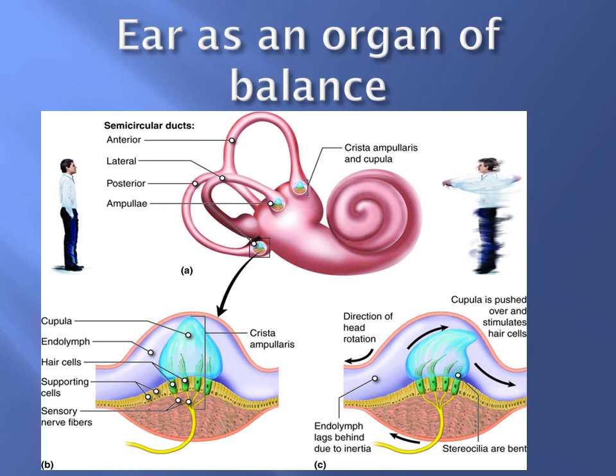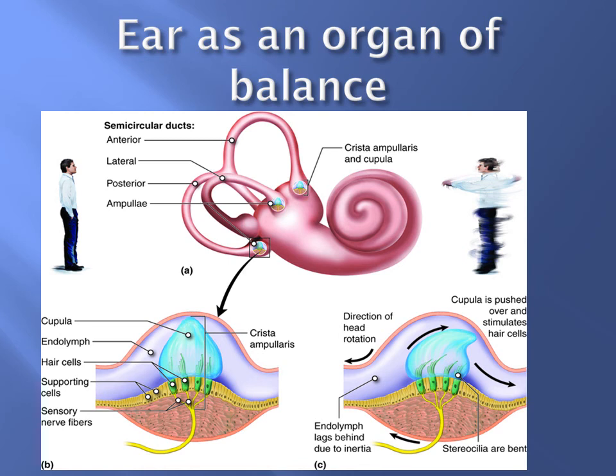So in the swellings at the end of these semicircular canals, there are more hair cells, with their hairs embedded in a jelly-like mass called a cupula. So the movement of fluid in the semicircular canals causes the cupula to pull on the hair cells, which stimulates them to send nerve impulses to the brain.